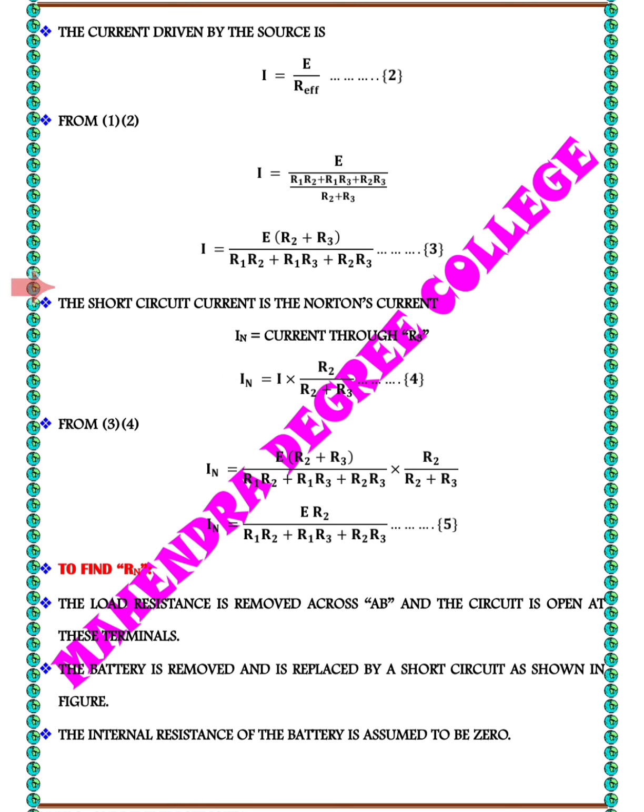From 3 and 4, the formula of current I is substituted in equation number 4.